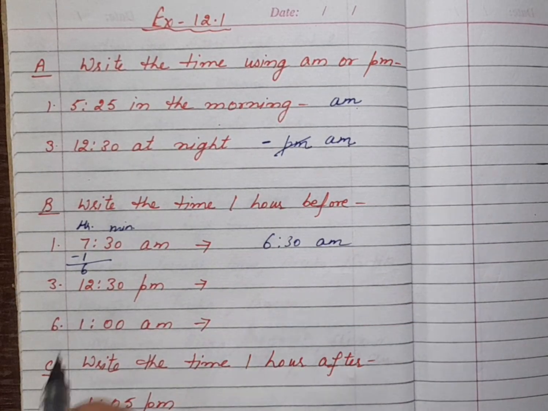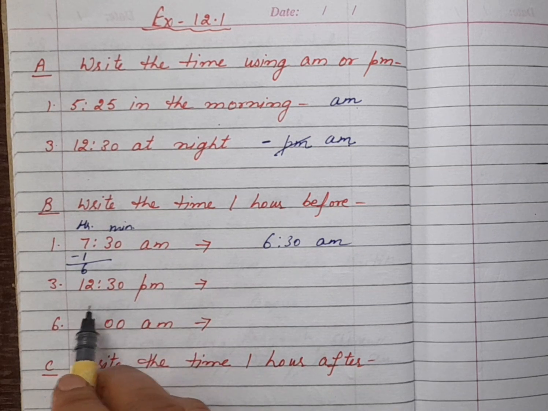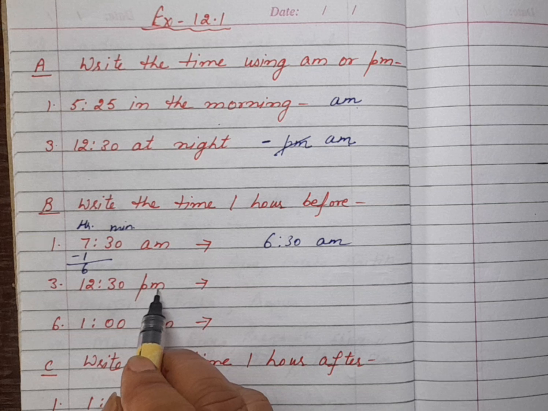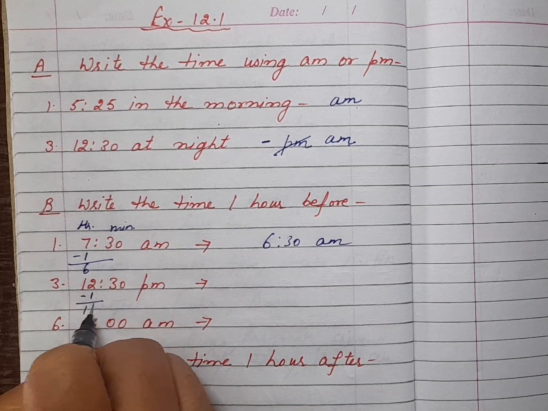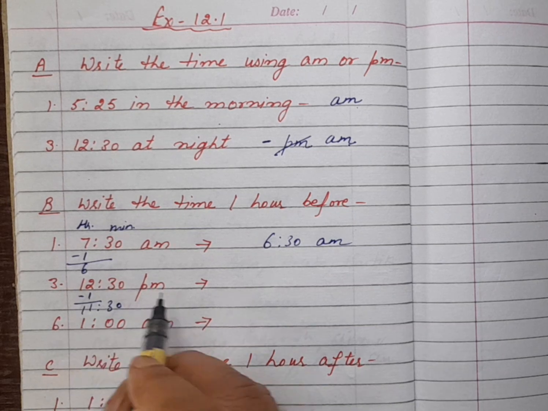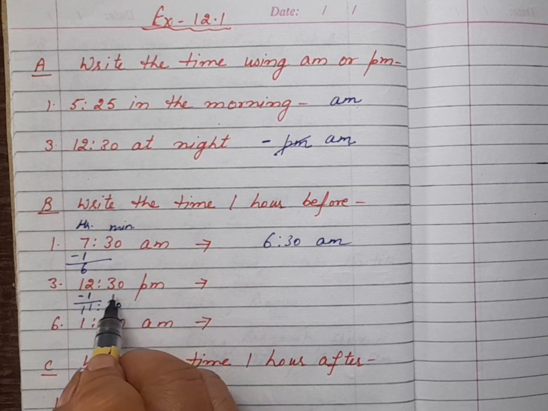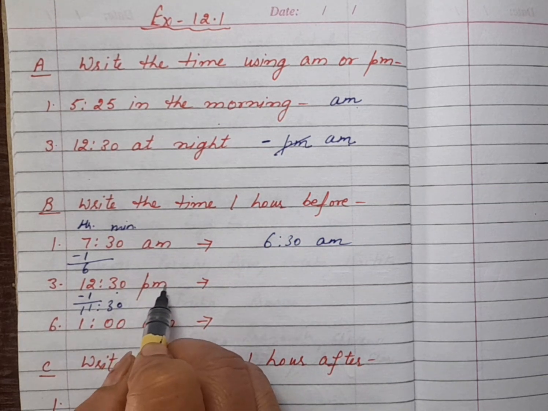Now 12:30 PM, it means it is noon time. When we do minus 1, it is 11:30, and now it is AM, because we have used only 30 minutes of our noon time.